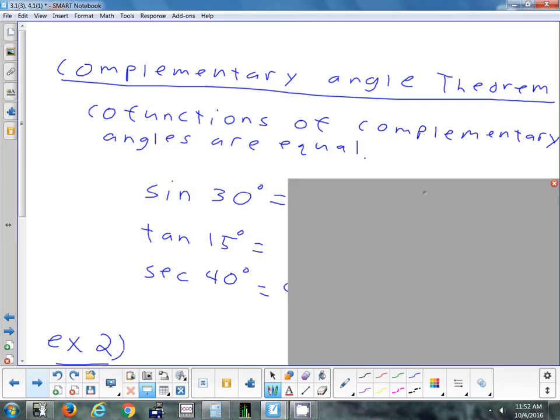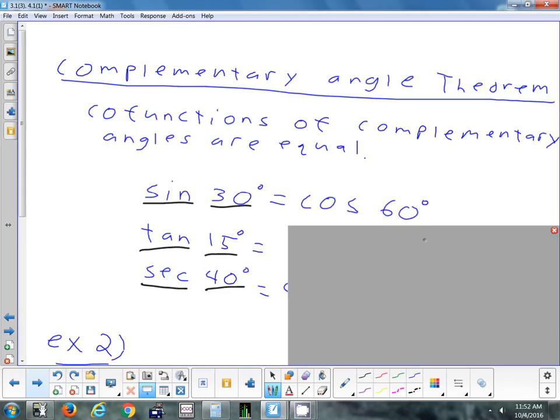One, what's the cofunction of the one that I listed? And two, what's the complement of the angle that I listed? Okay, so let's start with sine 30. What's the cofunction for sine? Cosine. And what's the complement of 30? 60. Right? 30 plus 60 adds up to 90.